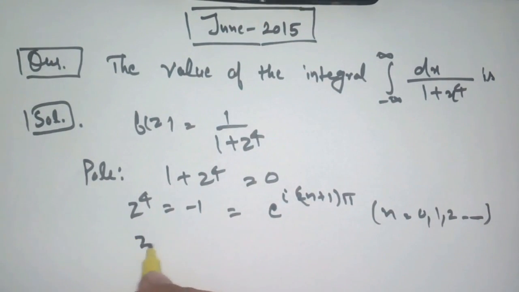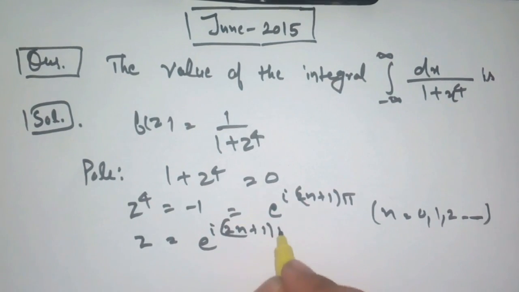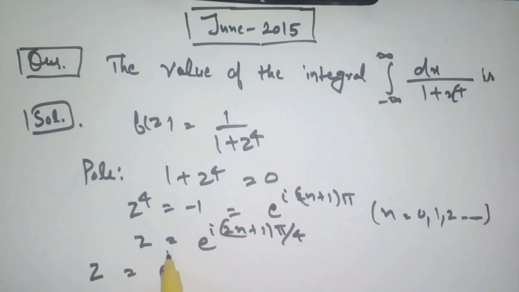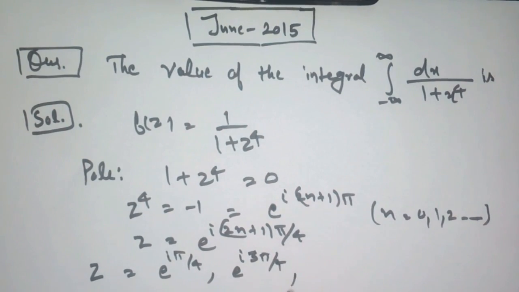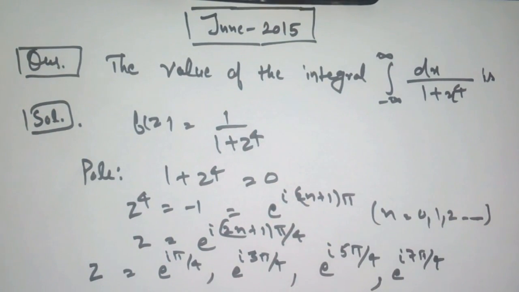So z will equal exponential iota (2n plus 1) pi upon 4. Now after putting the values of n, we will get z equal to exponential iota pi upon 4, exponential iota 3 pi upon 4, exponential iota 5 pi upon 4, and exponential iota 7 pi upon 4.